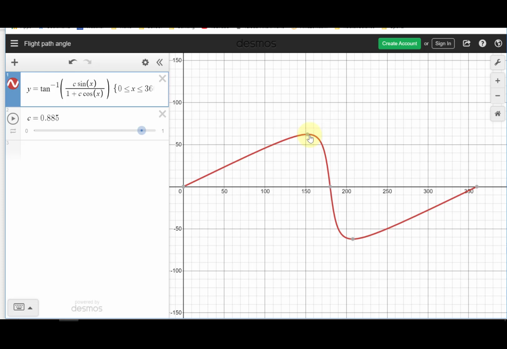It happens at an angle of 152.3 degrees, and actually the angle is about 62.3 degrees. The maximum pitch is 62.3. It occurs at a true anomaly of 152.3 roughly.